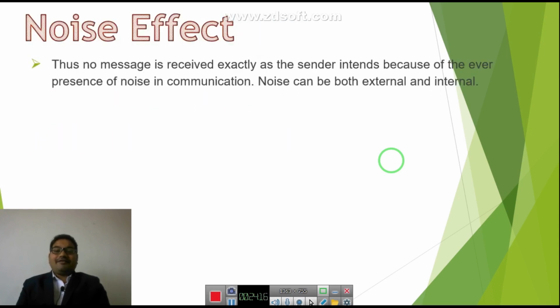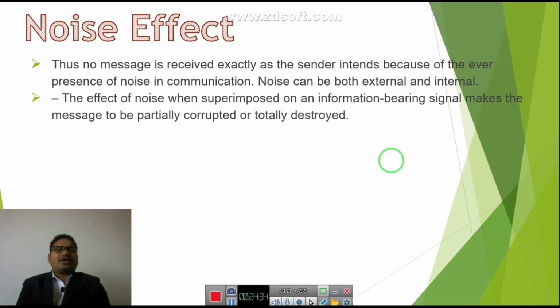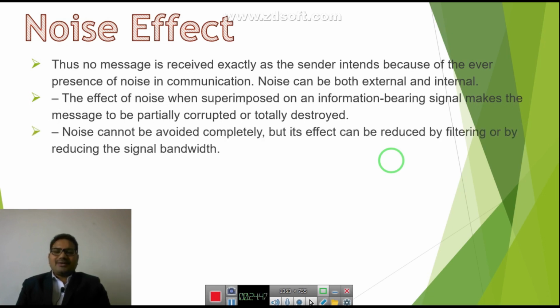Now what are the effects of noise? As you came to know from the block diagram, no message is received exactly as the sender intends because of the presence of noise in communication. Noise could be external or internal. So what is its effect? When noise is superimposed on an information-bearing signal, it makes the message partially corrupted, or it could totally destroy your message.